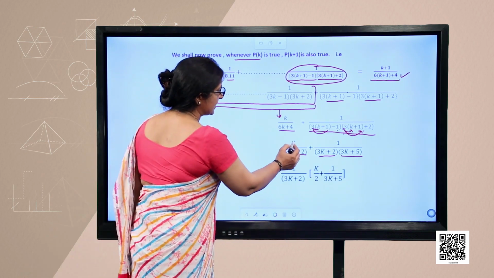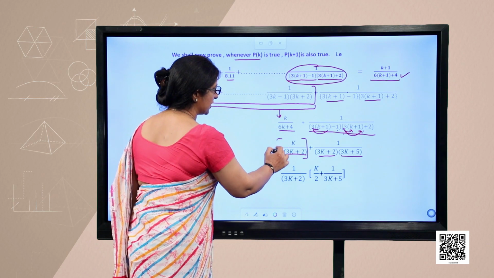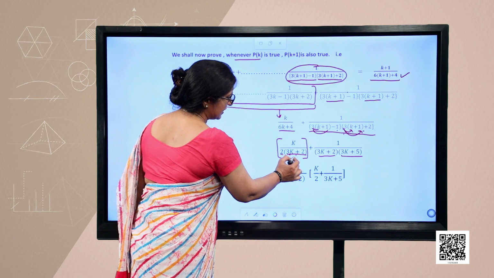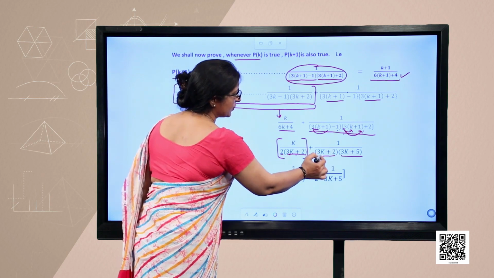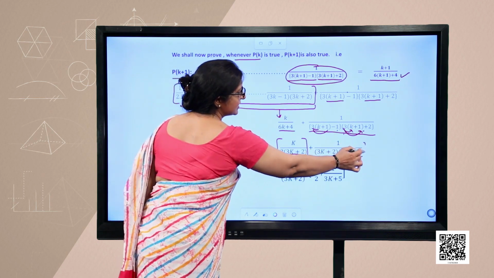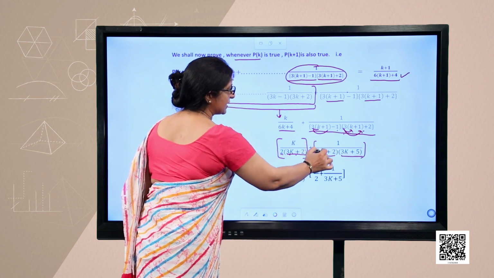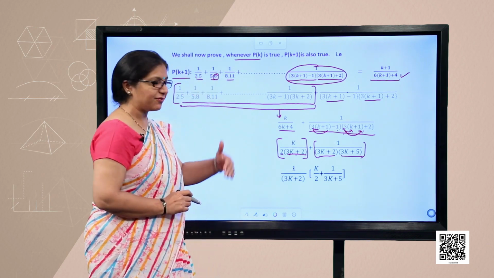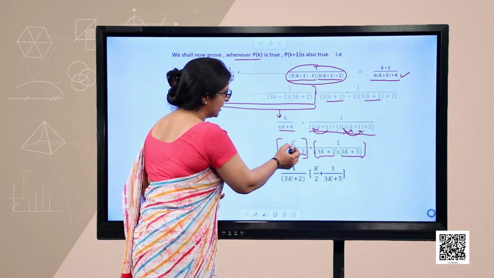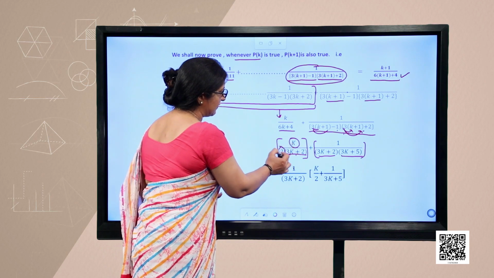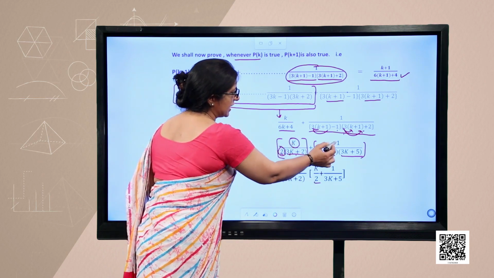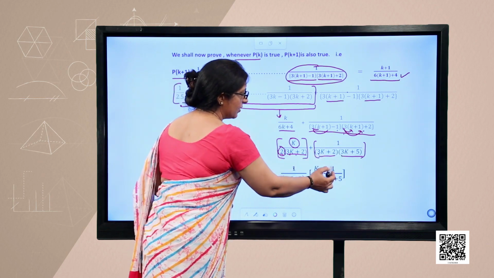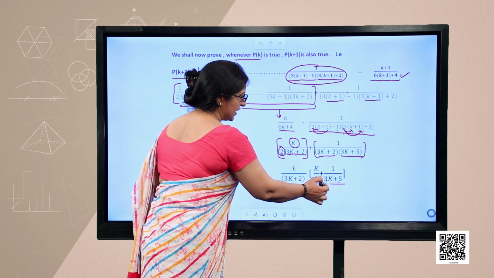Now as you can see in this first expression, 1 upon 3k+2 is common. This is also there, and 1 upon 3k+2 is also there in the second expression. So we can take this term common, 1 upon 3k+2. What we are left with inside the bracket: here k is left and 2 is left in the first expression. After taking 1 upon 3k+2 common outside, we are left with 1 upon 3k+5 inside.